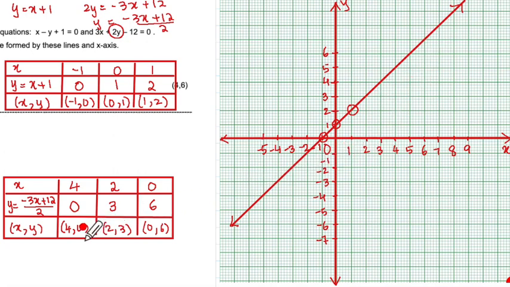Now let us plot the points. 4 comma 0 is going to be here. 2 comma 3 will be here. And 0 comma 6 is going to be here. So now you'll need the second line to be drawn.